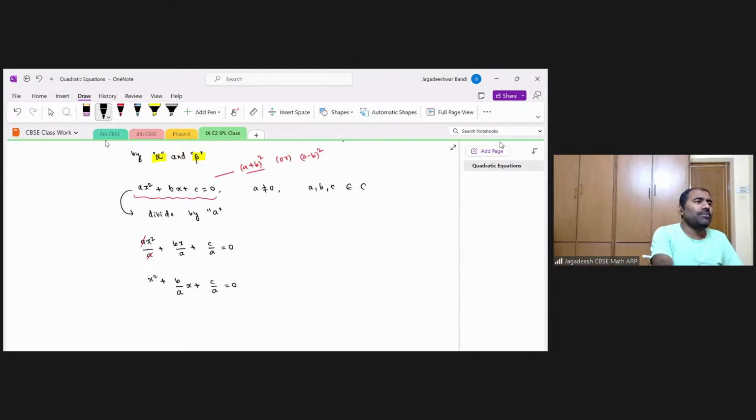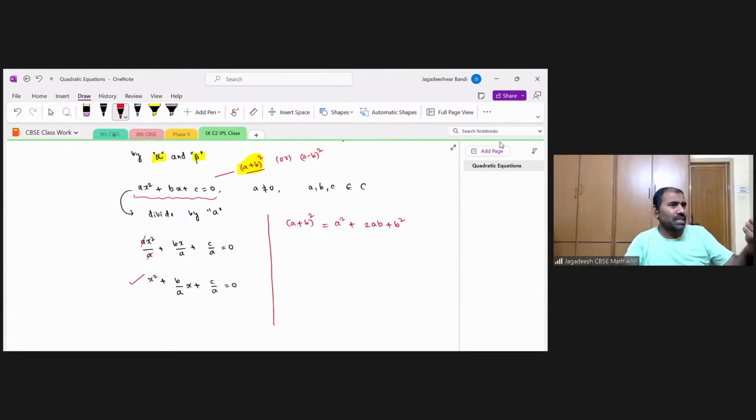Fine. So we have already decided we need to convert this equation into this form, which is (a plus b) whole square form. So I'll do it on the right hand side. Please observe carefully. We know that (a plus b) whole square is a square plus 2ab plus b square.